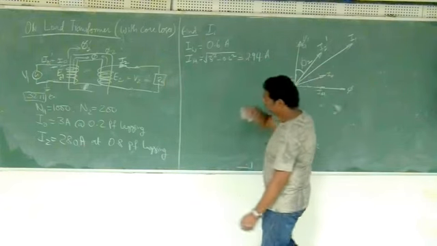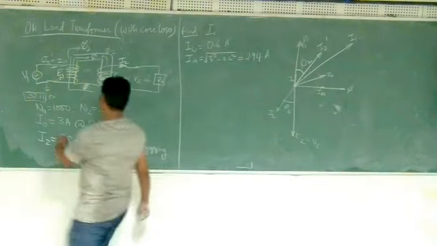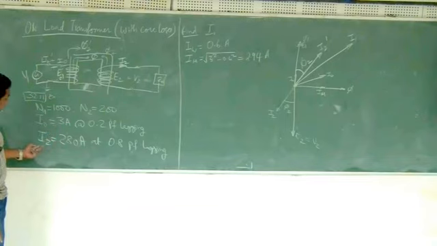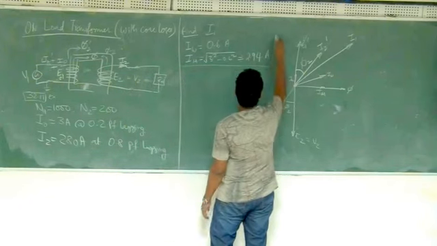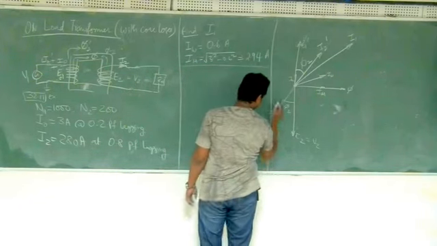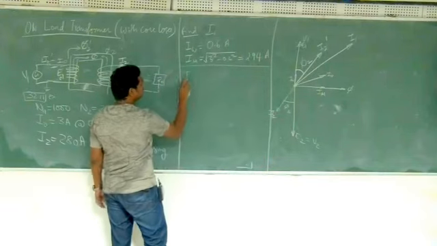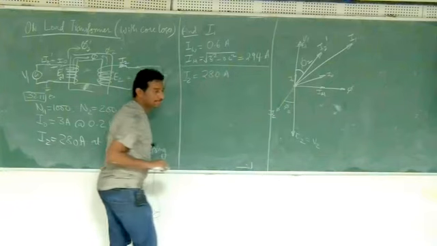Now immediately you notice this is 3 amperes and this is 280 amperes, so almost 1%. The full load current in the secondary is a lot. So this part is done. Now the I2 value is given already, 280 amperes.